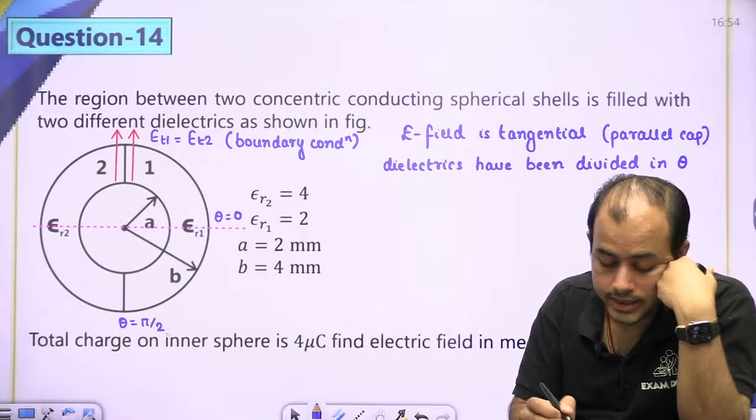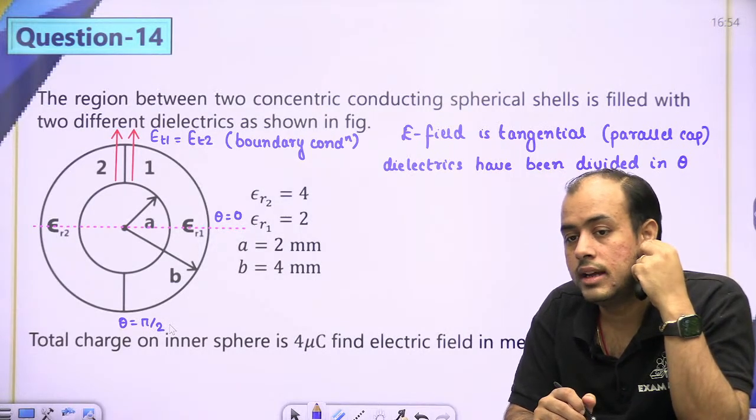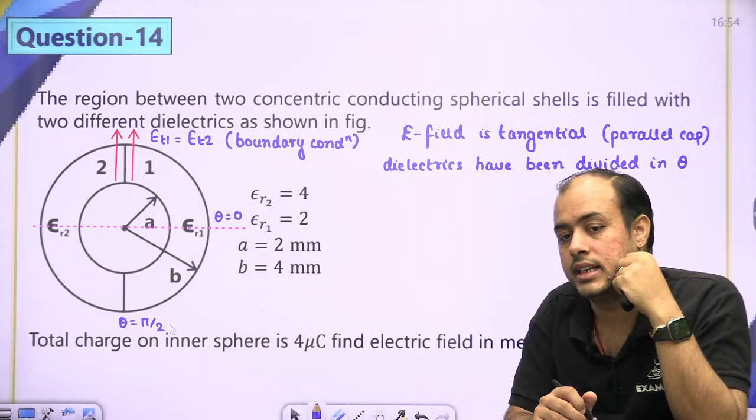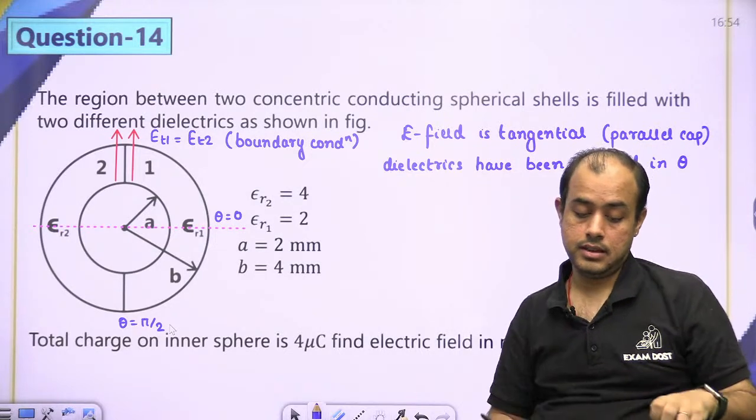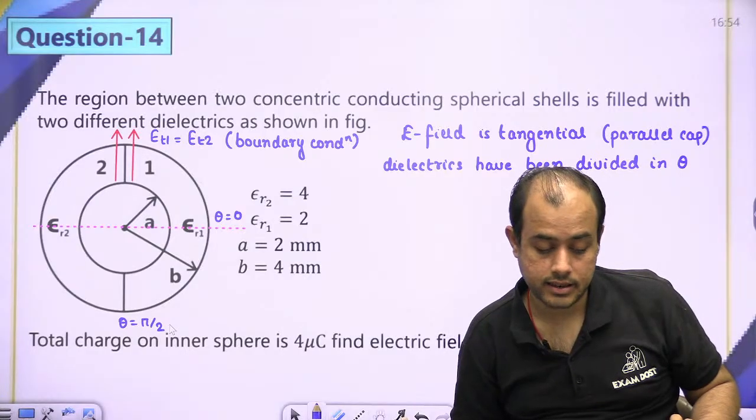So one dielectric is from theta 0 to pi by 2 and the other one is between theta pi by 2 and pi.